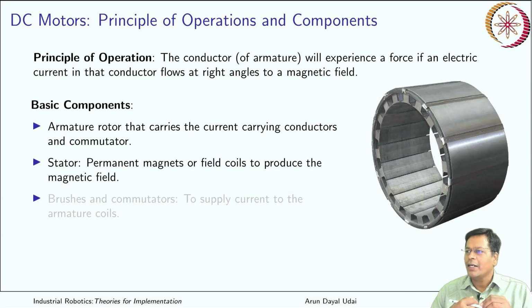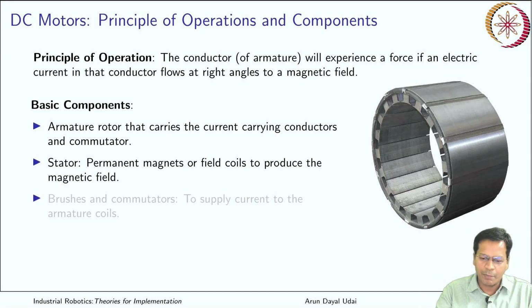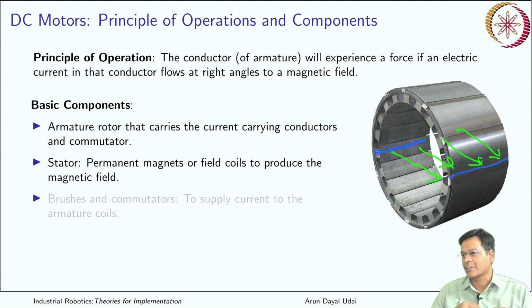And then it has a stator. The stator has some permanent magnets, or maybe these magnets are electromagnets, which are there to produce the magnetic field. So you have a magnet here, you have a magnet here, two opposite magnets will finally create a magnetic field like this. So you will see a magnetic field that goes like this.